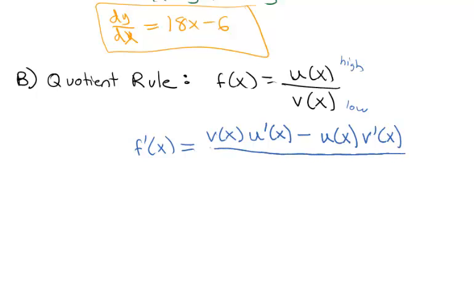And then we're going to divide the entire thing by v of x, the low. We're going to square the bottom, squared.